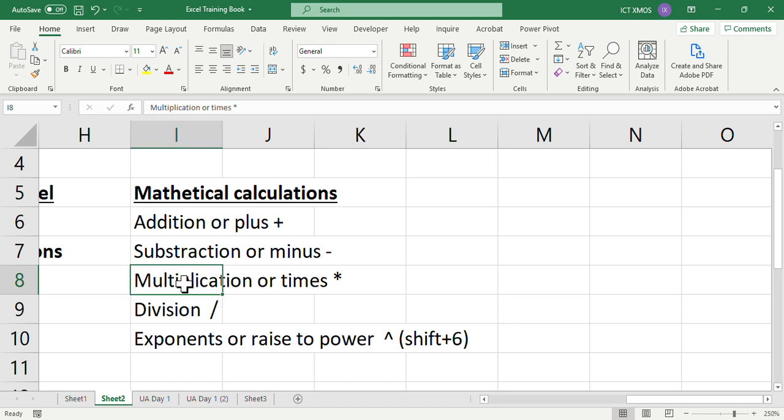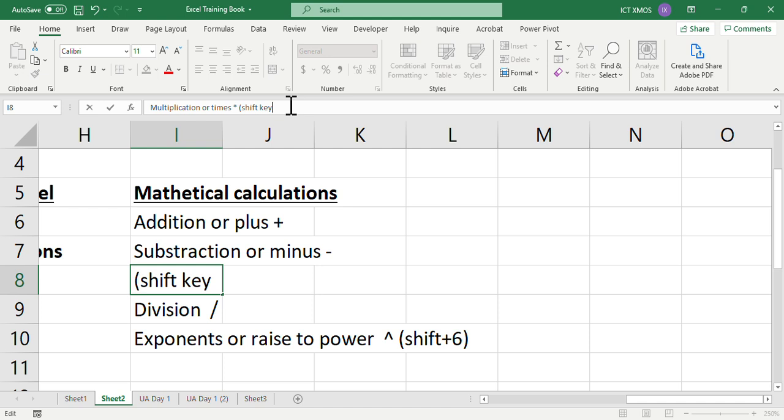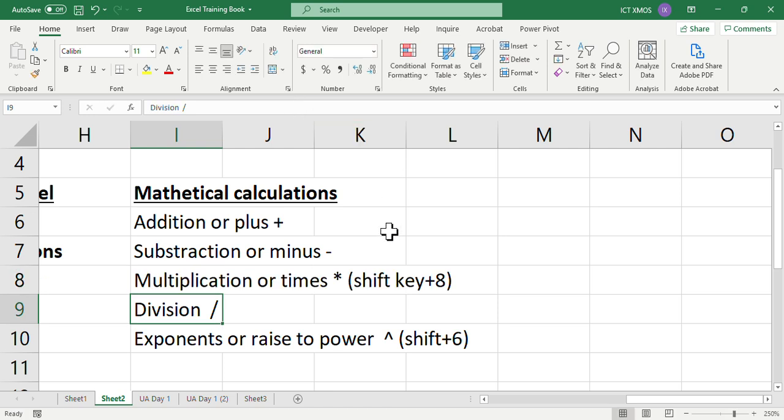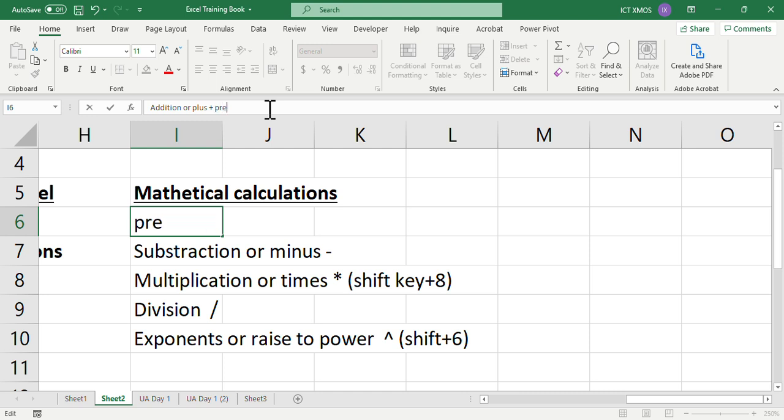Then this one you press shift key plus 8. Then this minus sign is minus. The addition sign, we press shift key plus the equal to sign.